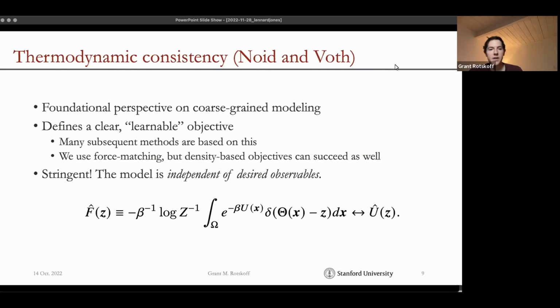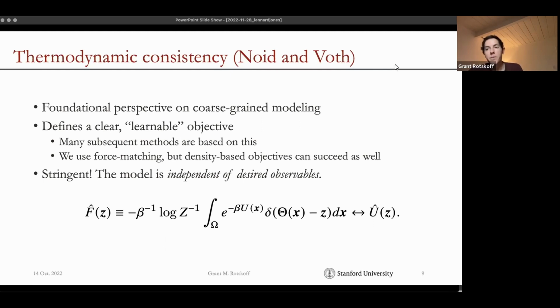Essentially what we desire is that the potential of mean force, or the free energy associated with the coarse-grained variable, so I'm looking at a delta function where I project out everything that maps down to the coarse-grained variable z, I want that free energy to coincide with the representation of my potential, so that thermodynamic averages that I compute over the coarse-grained system when projected are the same as if I had computed them in the original space and then projected down. So that's a notion of convergence that's defined purely in the coarse-grained space.